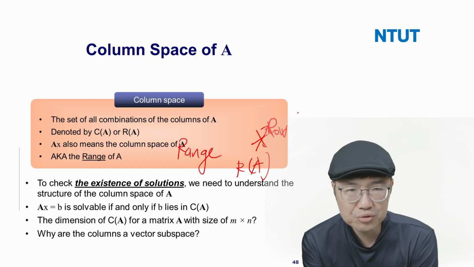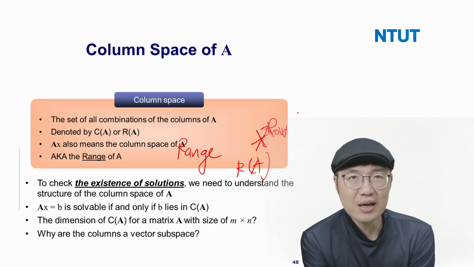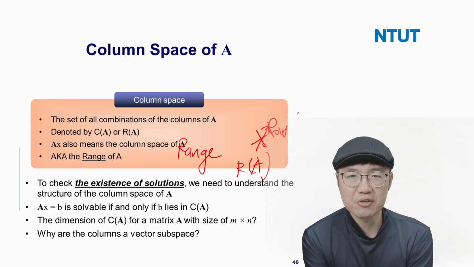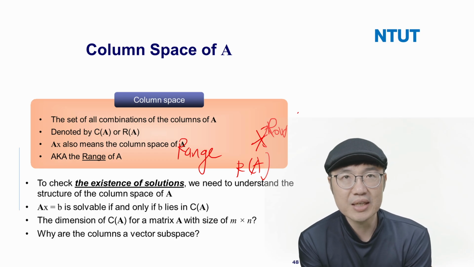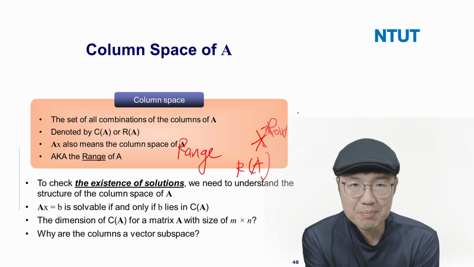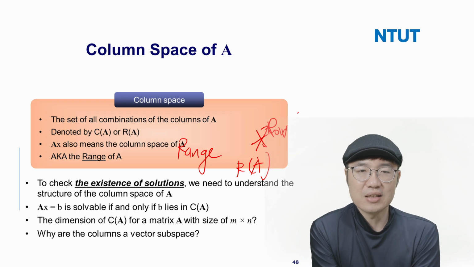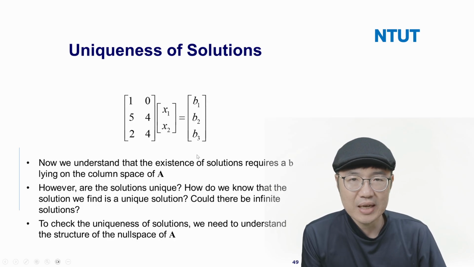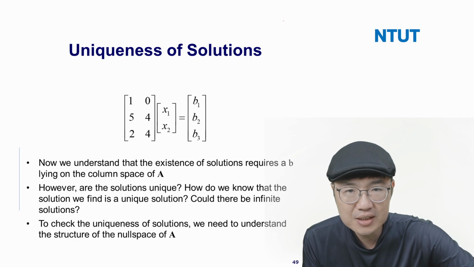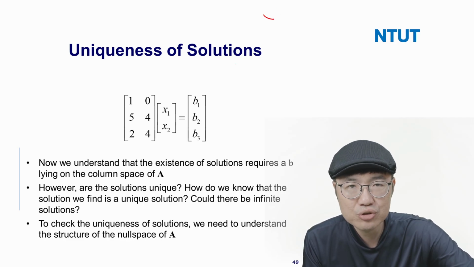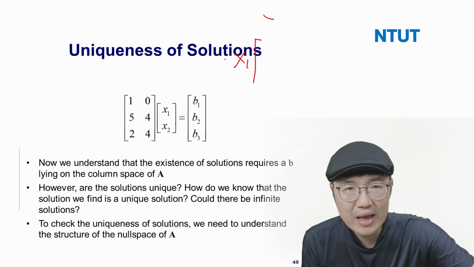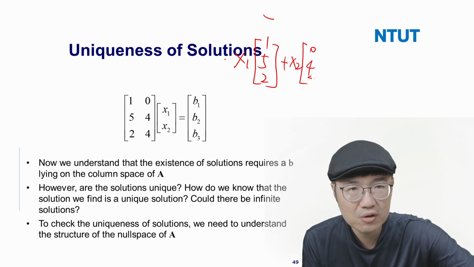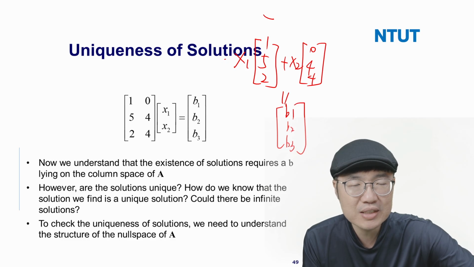To check whether a solution exists, we have to figure out the structure of the column space of A. And Ax equals b is solvable only when b lies in the column space of A. The reason is, if you consider this as a linear combination of columns, then x1 times (1, 5, 2) plus x2 times (0, 4, 4) gives b1, b2, b3.